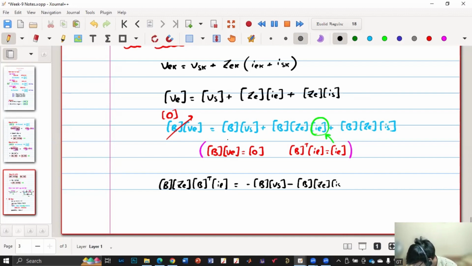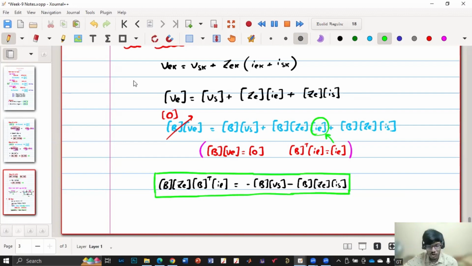Right. So this is our equation that we have obtained. So now in this equation, only IL is the unknown. So if we get the value of B into ZE into B transpose, and if we invert it and send it into the RHS side, we will directly get the IL, which are the fundamental loop currents.